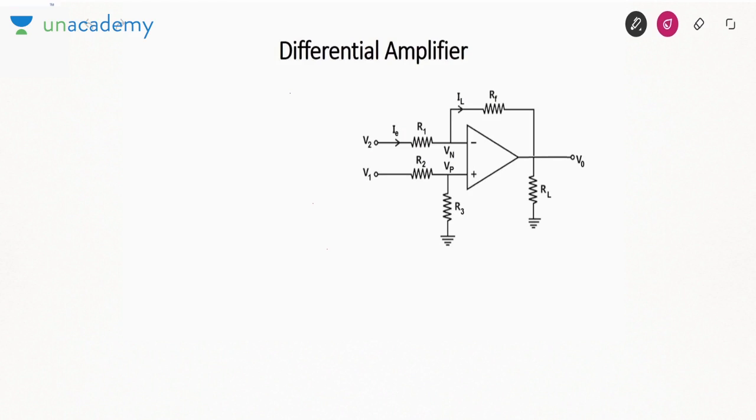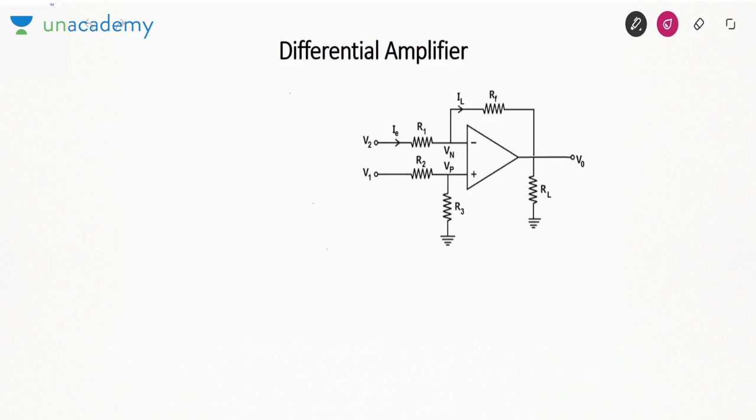We want a large value of differential gain but a very small value of common mode gain. I told you about common mode gain earlier: it is the gain offered to the signal that is common to both the terminals. That signal usually is the noise. Noise is always common to all the input terminals. We want to attenuate the noise and amplify the difference.